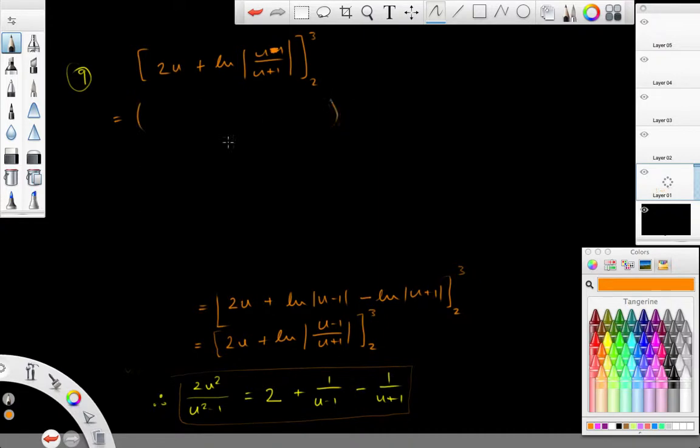First of all, I'm going to have 2 times 3 is 6 plus the natural log of 3 minus 1 is 2 over 3 plus 1 is 4, minus 2u is 4 plus the natural log of u minus 1, that's 1 over u plus 1 is 3.